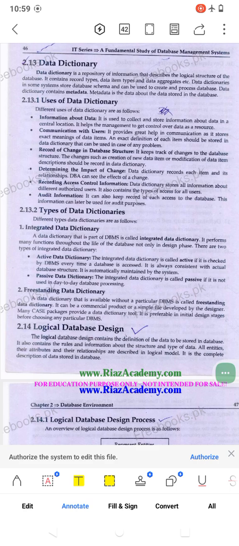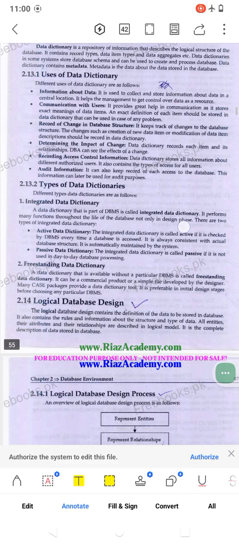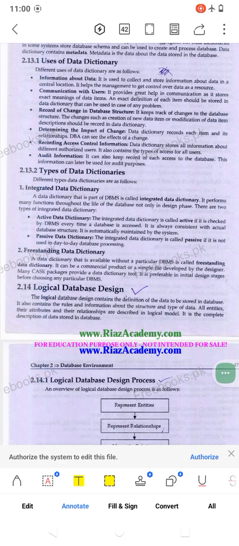Now, uses of data dictionary. There are some uses of data dictionaries. The first one is information about the data. We have to collect or store information in the database to maintain our data. This is the use of a data dictionary. Why do we use it?